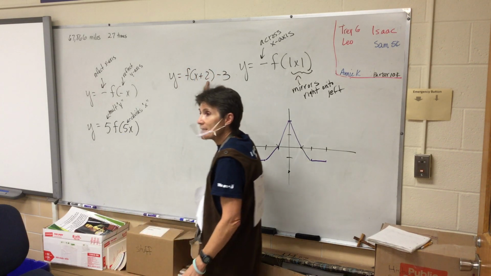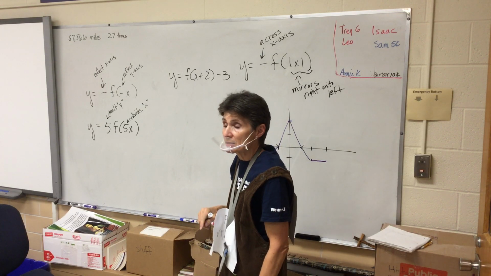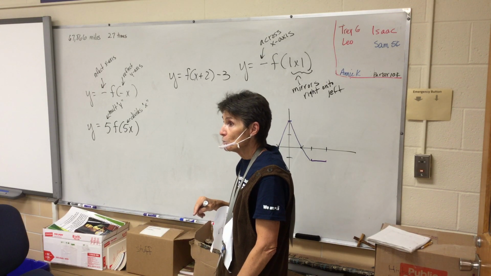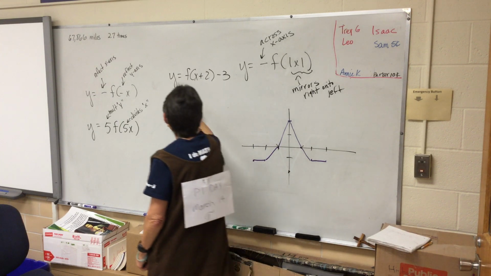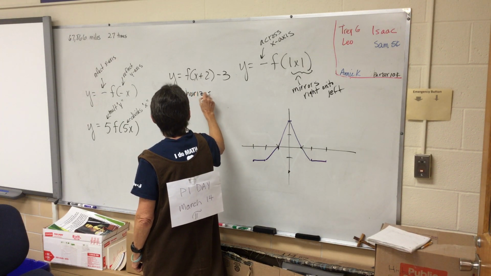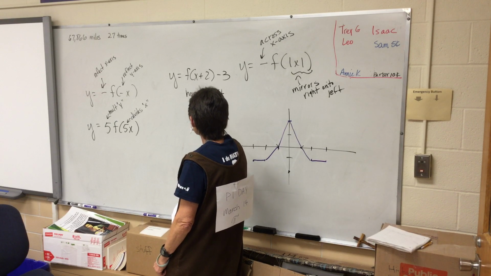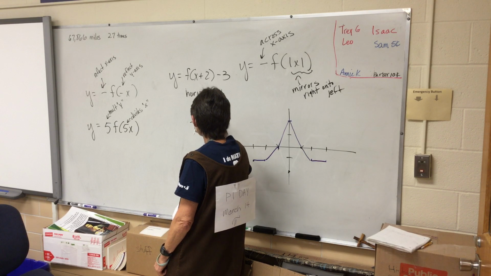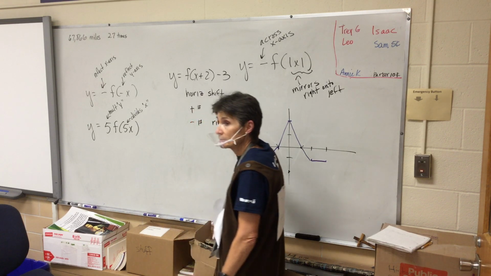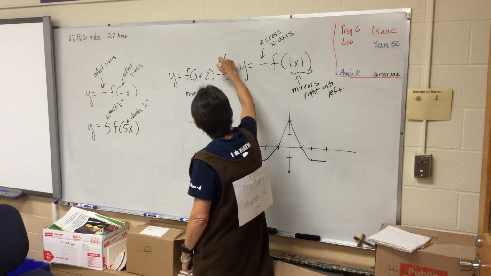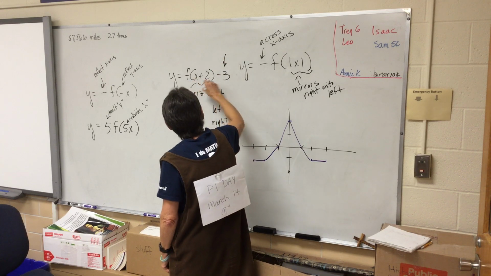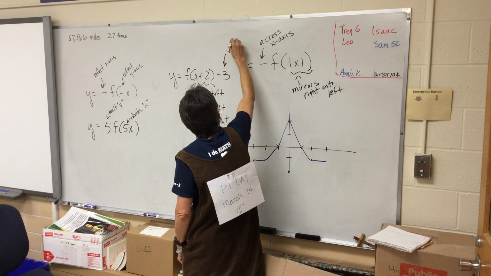Add and subtract, we've already talked about, but let's do it again. A number inside with the x moves you horizontal. It's called a horizontal shift. And we know that if it's a plus number, it actually goes left. And if it's a minus number, it actually goes right. This number is a vertical shift.